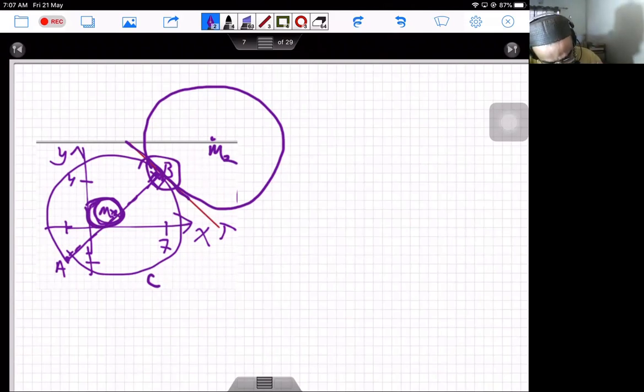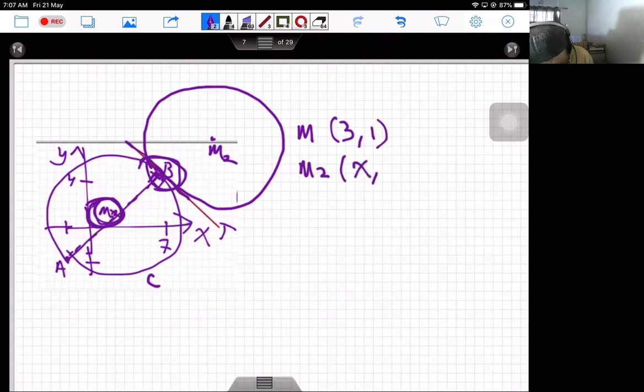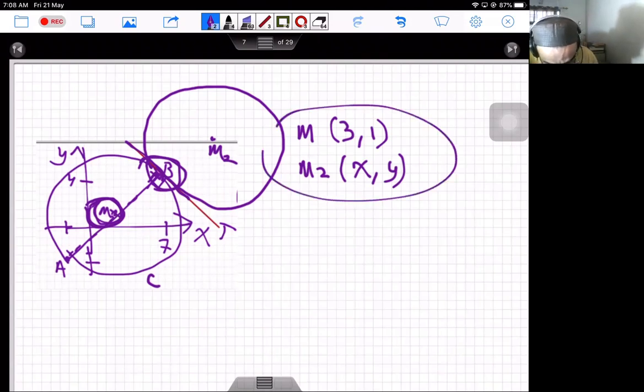The midpoint of M and M2 is actually this point B. The center of the circle C is 3 comma 1, and this is our point M. And we have another point M2, which is unknown, in the form of x comma y. What we know is that the midpoint of M and M2 is this point B.